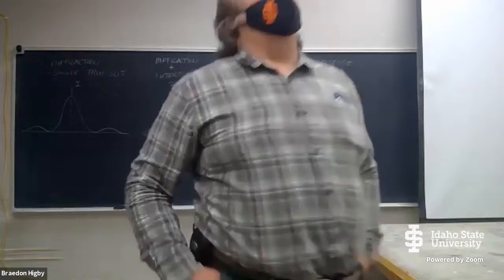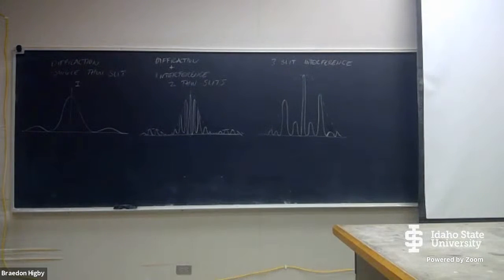And if we went to lots and lots of slits, we would get a pattern where we'd get a bright spot and then nothing and then another bright spot. And if we have lots and lots of thin slits, we call that a grating.